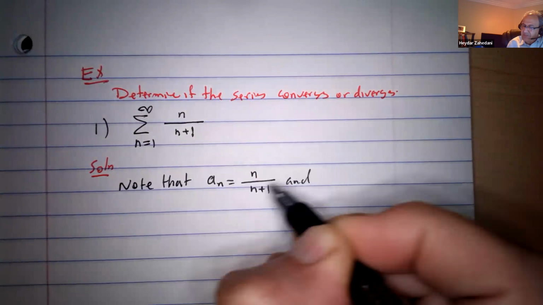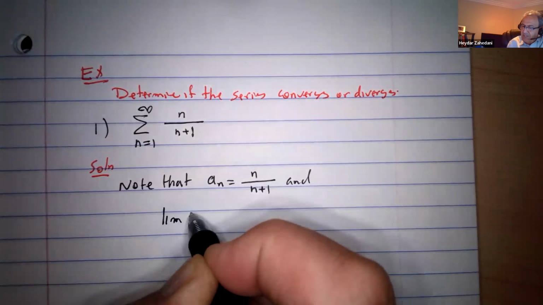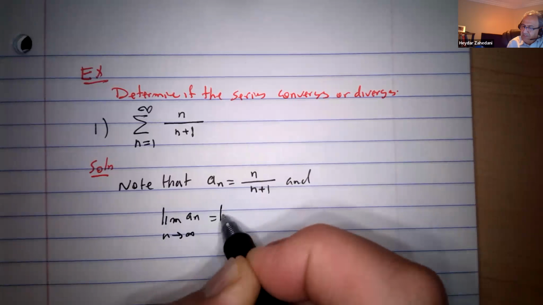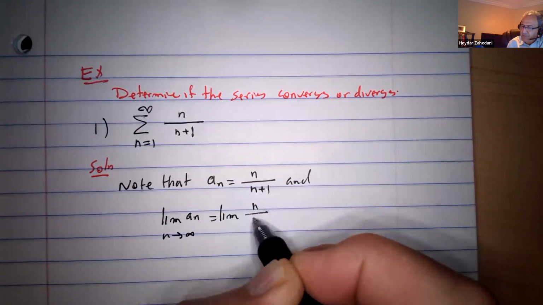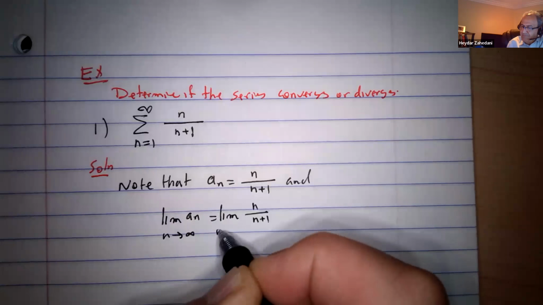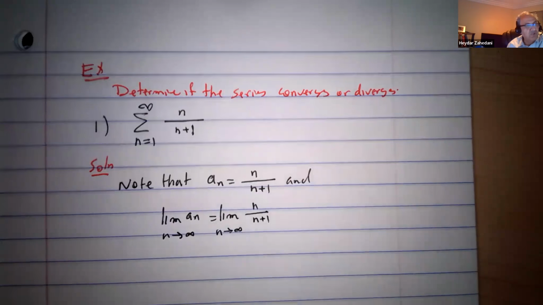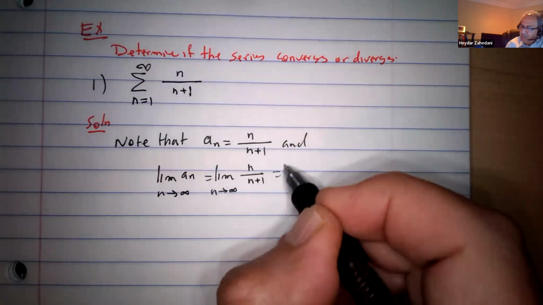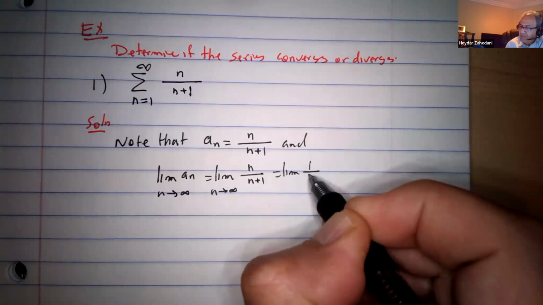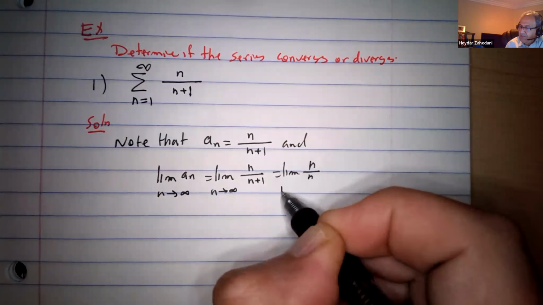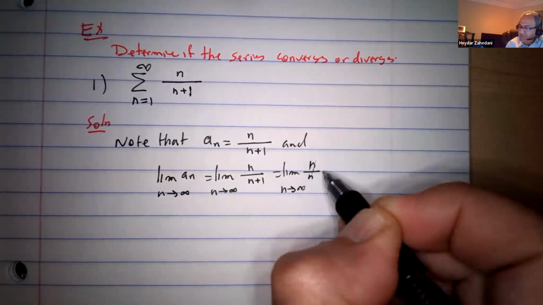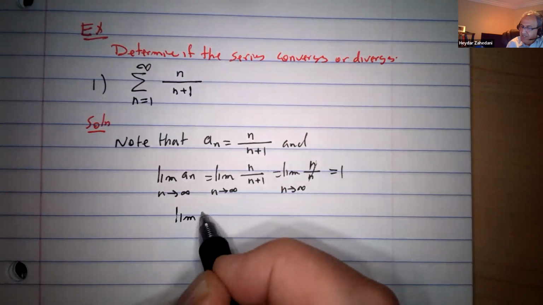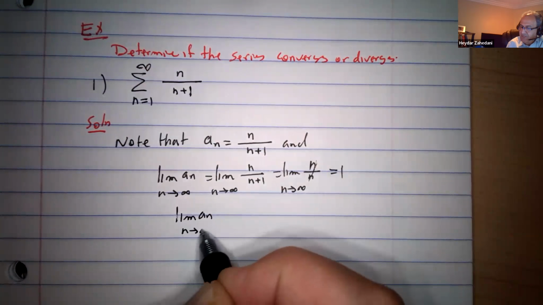And take the limit of a_n as n goes to infinity, which is the same as the limit of n over n plus 1. Remember, we talked about it: the degrees of the top and the bottom are the same, so it's going to be the limit of n over n as n goes to infinity. You simplify it, that gives you 1. So the limit of a_n as n goes to infinity is 1.